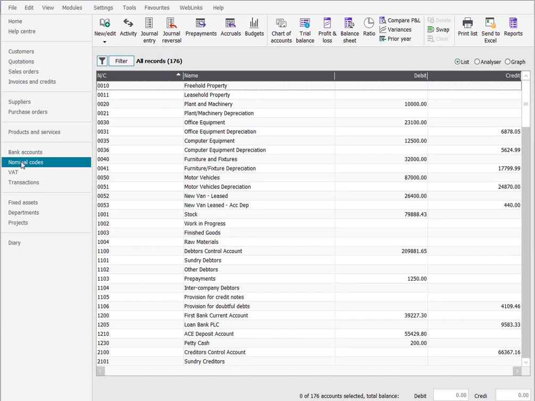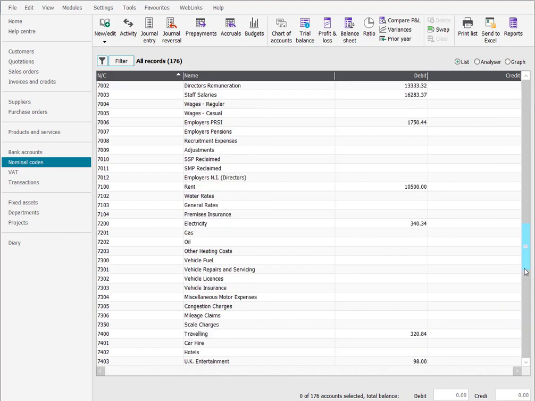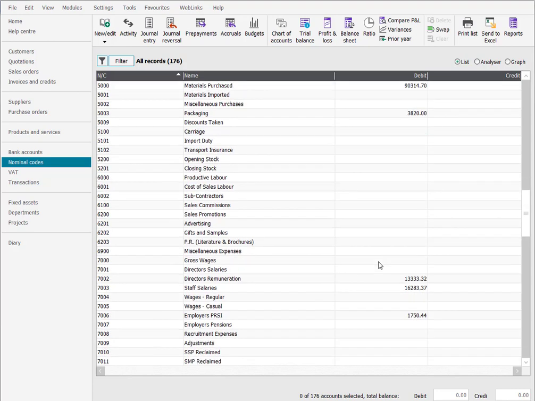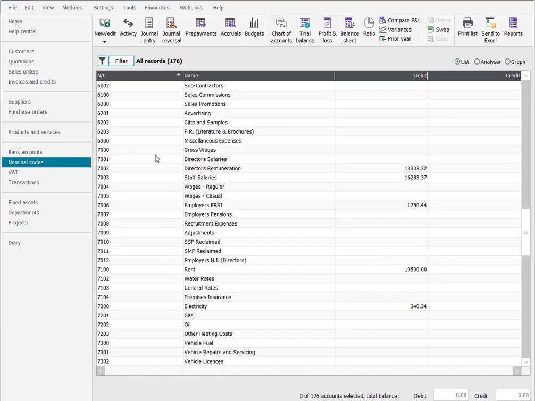Well, first of all, I'm going to talk about the whole cost area, and I'm expecting this to be down in the 7s. Okay, so I'm going to have a look here and see what I can find in the 7s. Okay, so I've got director salaries, so I'm going to use 7001 or 7002 for that.